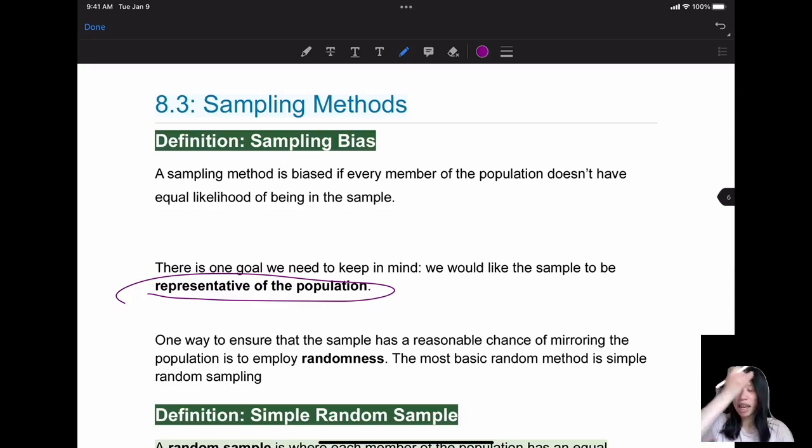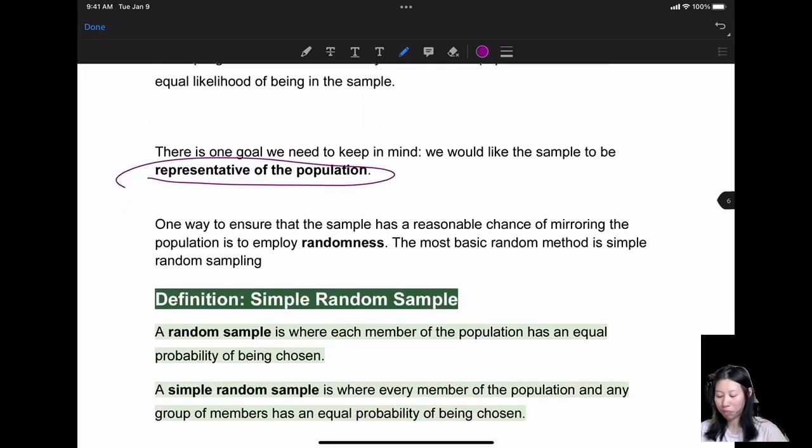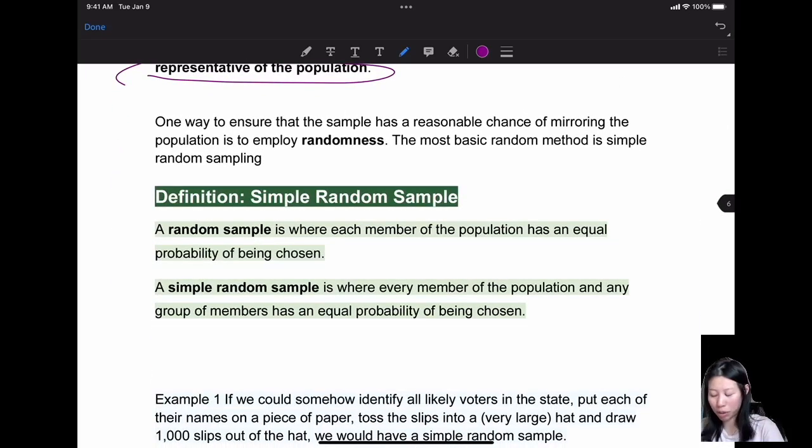That means you get students from here and there, just everywhere on the road. So you don't just go to the math building to find some students to survey, or go to the music department to survey them. A random sample is where each member of the population has an equal probability of being chosen. A simple random sample is where every member of the population and any group of members has an equal probability of being chosen.